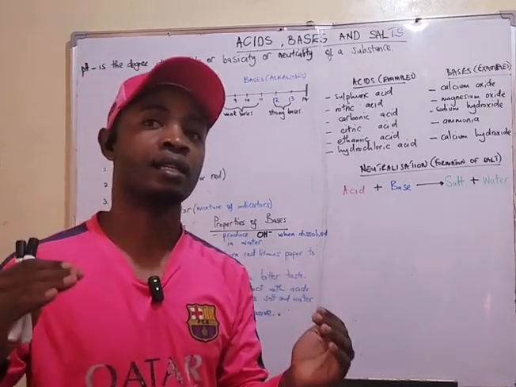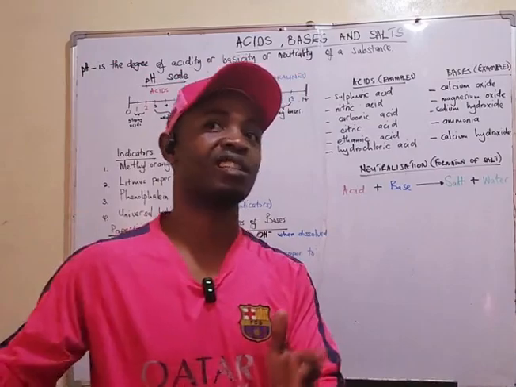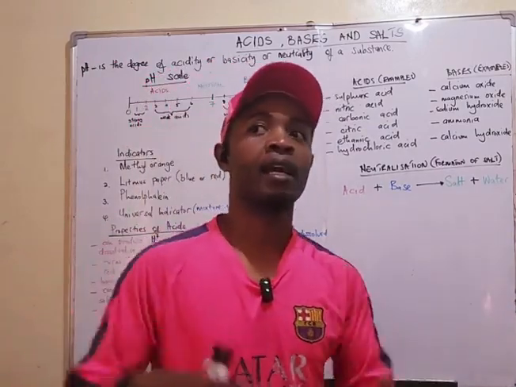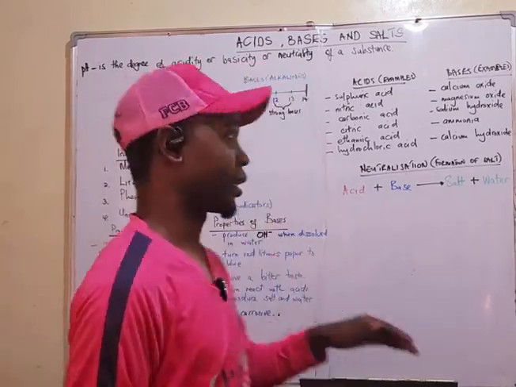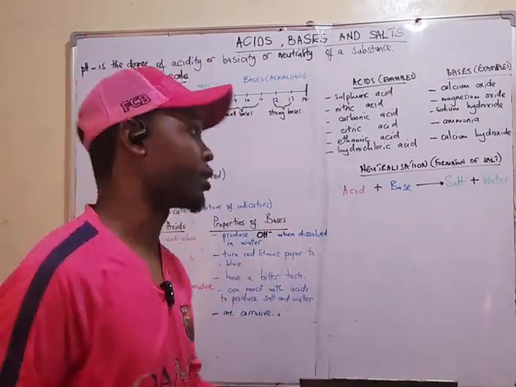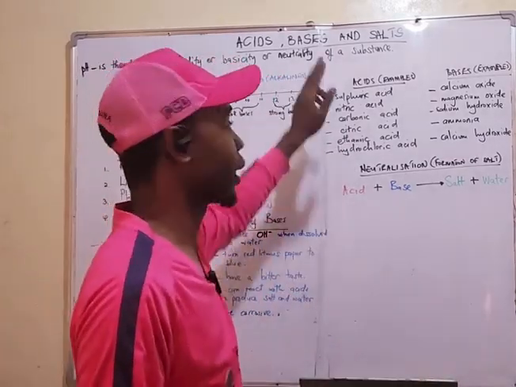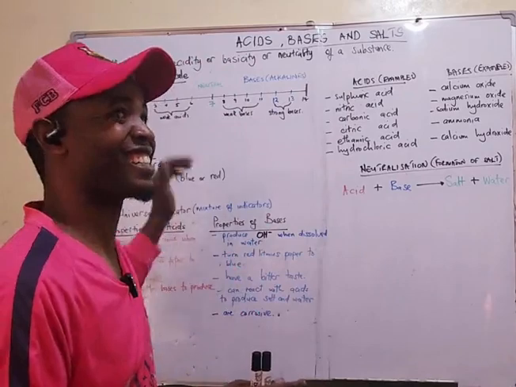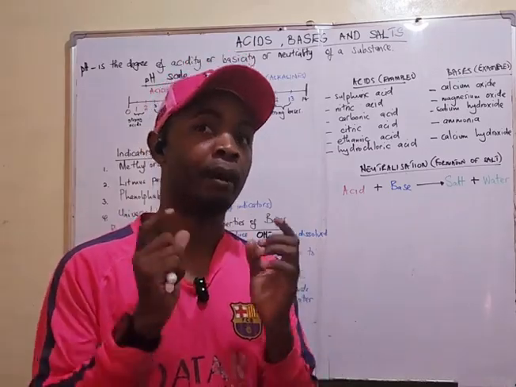This means that substances can be classified into three classes: acidic substances, basic substances, or neutral substances. These are the three classes that we have, and we call that pH.